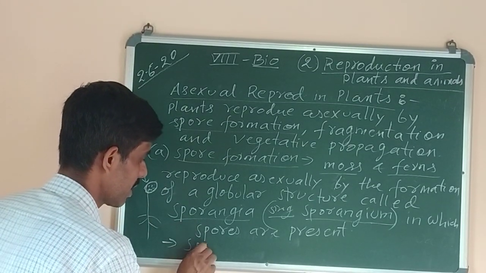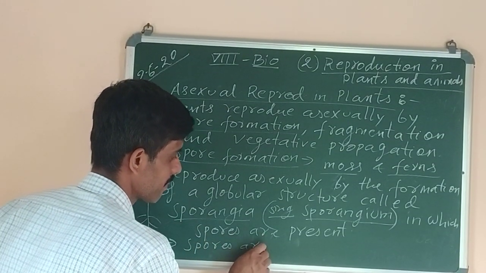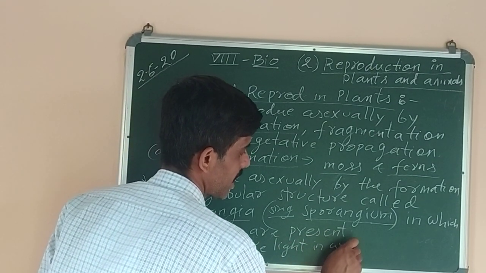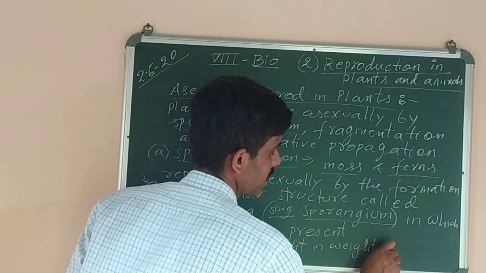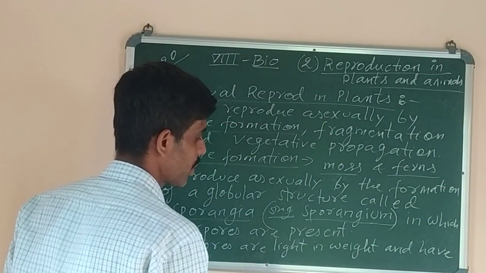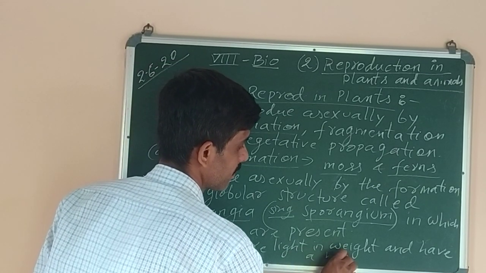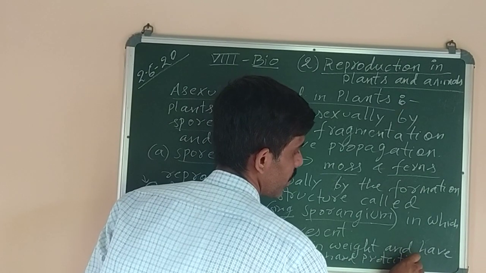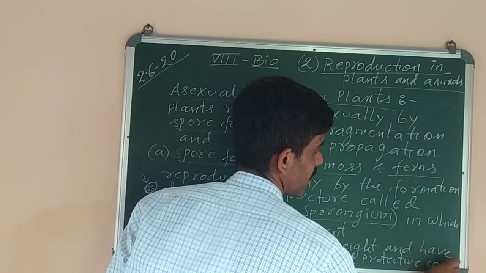So next point you can write, spores are light in weight so that they can be carried by the wind and have a hard protective coat. Means they have outermost covering which gives protection to it.